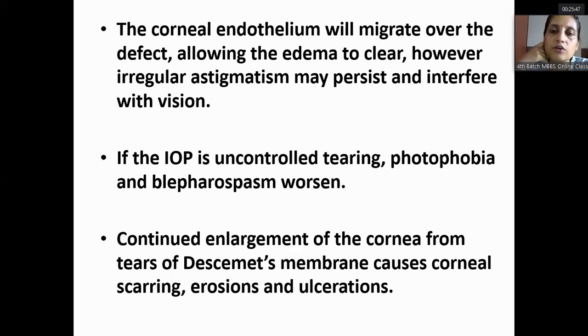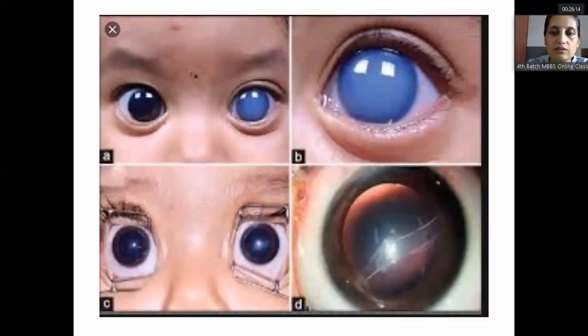If the IOP is uncontrolled, tearing, photophobia, and blepharospasm worsen, and continuous enlargement of the cornea from the tear of the Descemet membrane causes corneal scarring, erosion, and ulceration. So at this stage, if we do not treat it and the intraocular pressure keeps increasing, then other sequelae like Descemet membrane detachment, scar formation, erosions or ulcerations can occur.